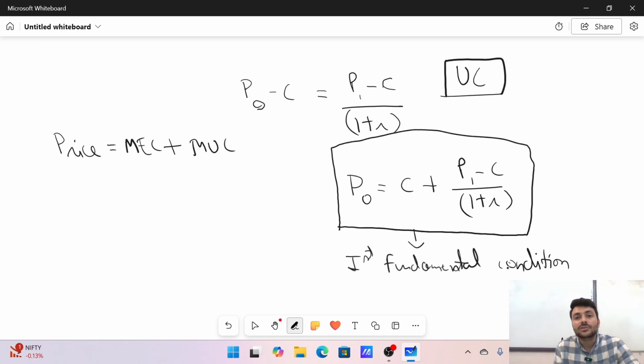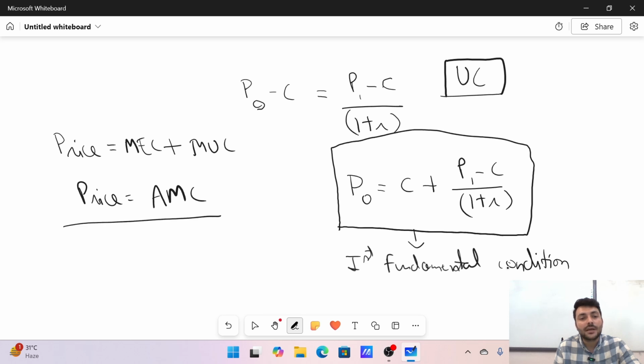The user cost is the highest return which the extractor is foregoing by deciding to extract and sell one unit of resource today itself rather than in the future. So this is your marginal extraction cost, and this is your marginal user cost, or we can simply say it is the user cost. And price should be equal to the augmented marginal cost, wherein augmented marginal cost is nothing but marginal extraction cost plus marginal user cost.